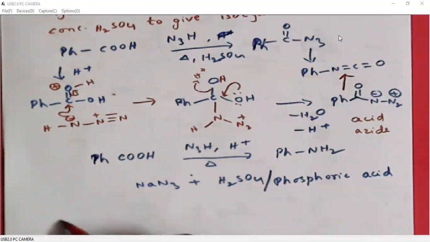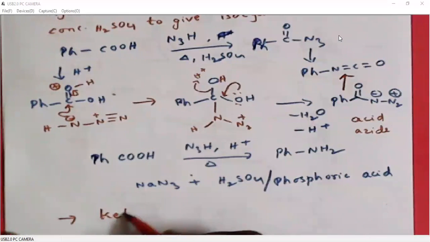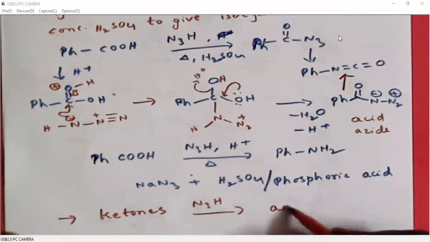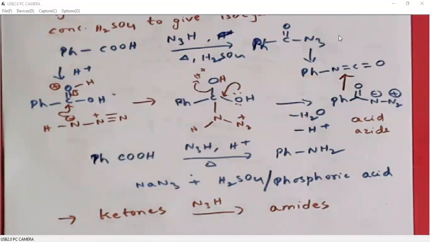Also, conversion of ketones to amides is also called Schmidt reaction. Ketones, when they are treated with hydrazoic acid, are converted to amides. It is also called Schmidt reaction.